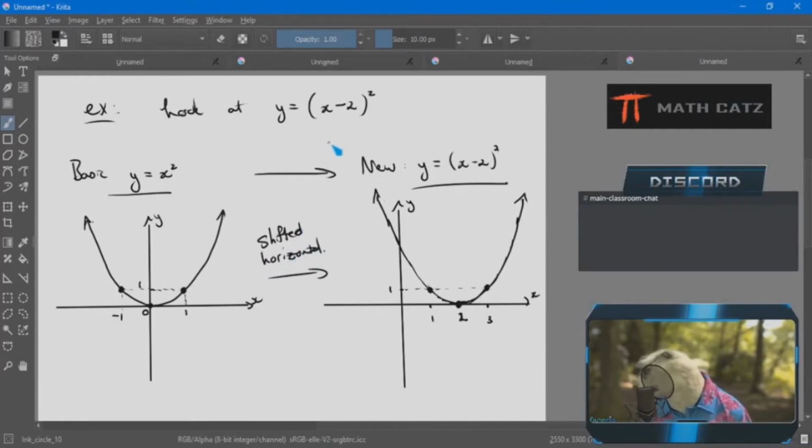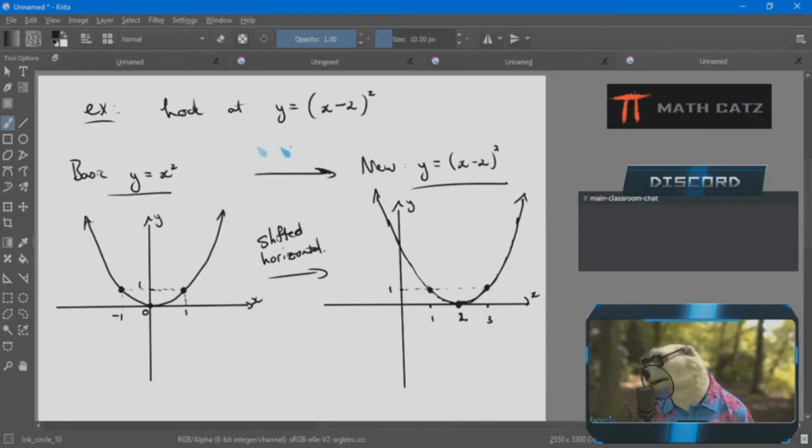How did I change the function? Many people would just casually say, oh, I subtracted 2 from x. It's not quite clear enough to say it like that so that it works for other more complicated functions as well.